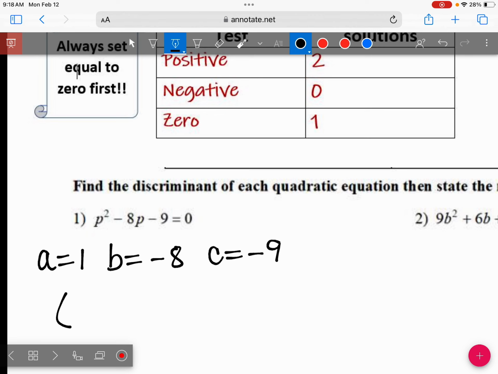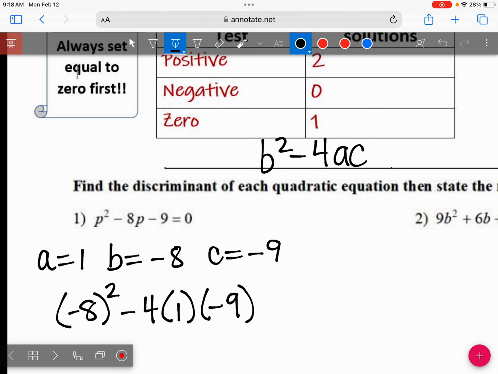All right, in your calculator, remember we're only doing b squared minus 4ac. Negative 8 squared minus 4 times a times c. Type that in your calculators. I'm going to come around and see what we got.